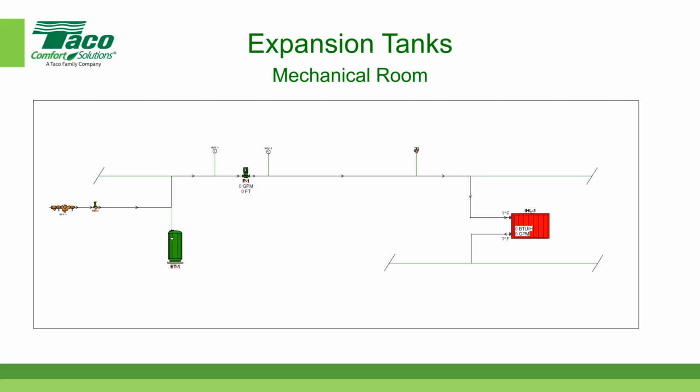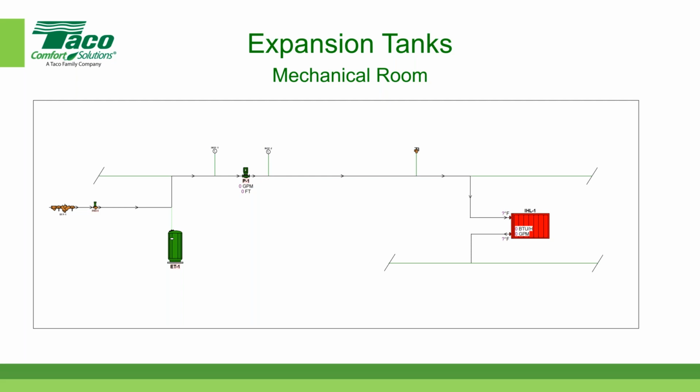On the right-hand side of the picture here, you can see IHL, which stands for imposed heating load. Could be anything from a fan coil to an air handling unit, any kind of mechanical piece of equipment. And that piece of equipment has a certain pressure rating. If we move from right to left, we can see a safety relief valve. A little bit farther to the left, we can see a pressure gauge on the discharge side of the pump. We can see a pressure gauge on the suction side of the pump.